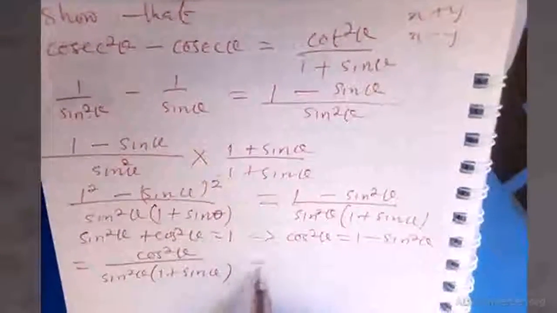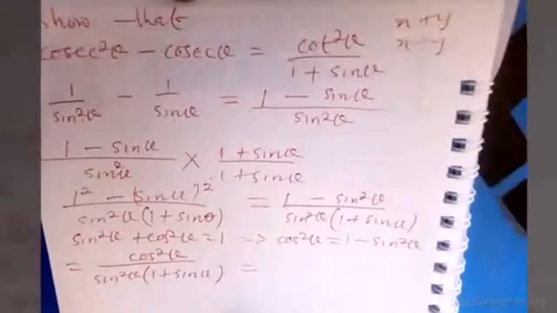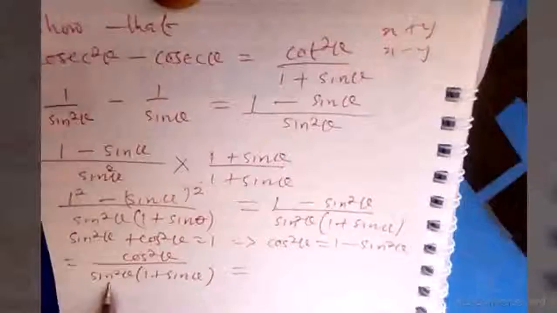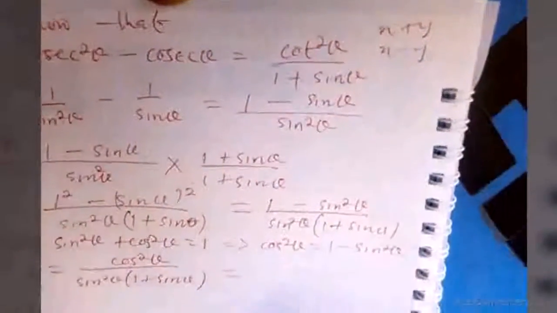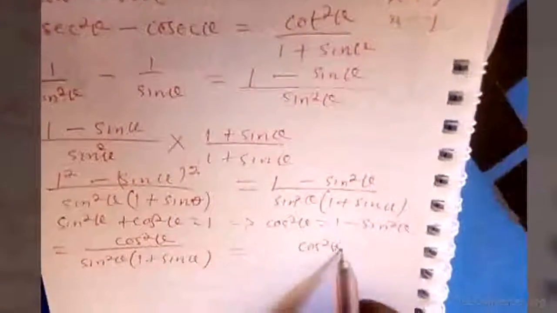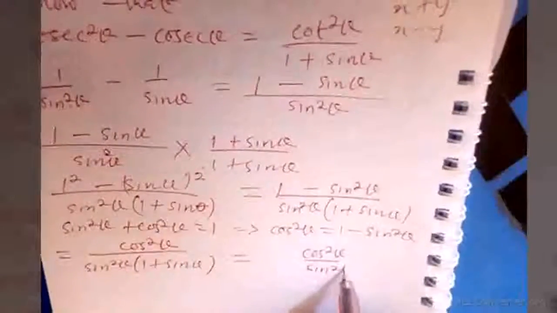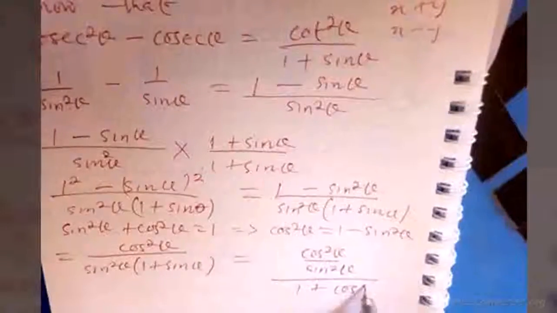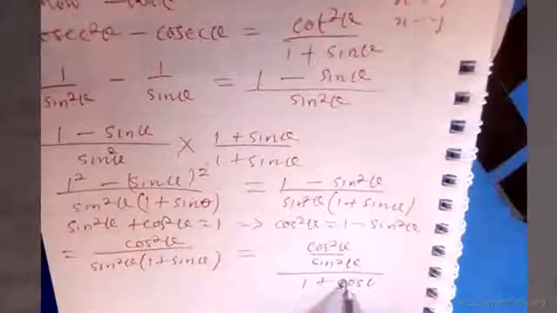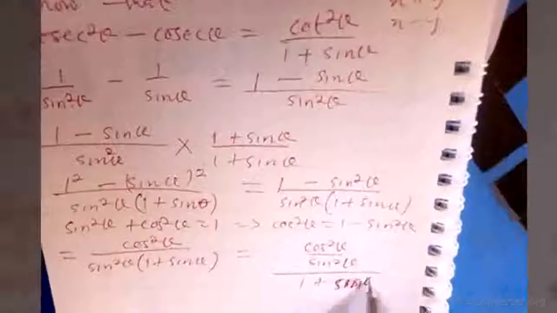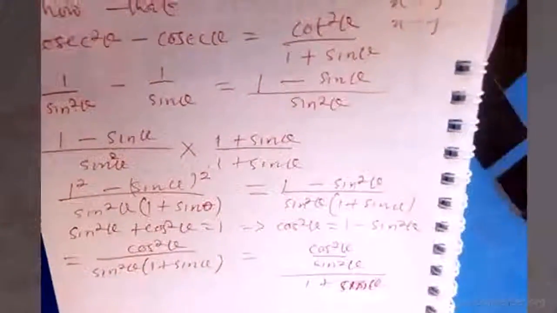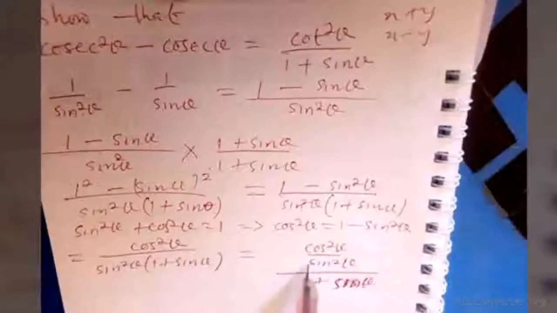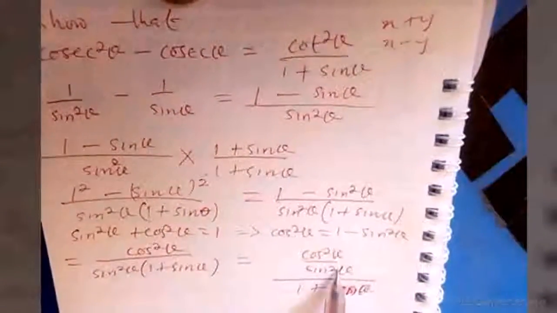But I want everyone to close their eyes because I want to do something. Don't say it is magic. It is not magic. Look at this one. I may take sin square theta off, and it will become cos square theta over sin square theta, then over 1 plus sin theta. Don't say it is magic.